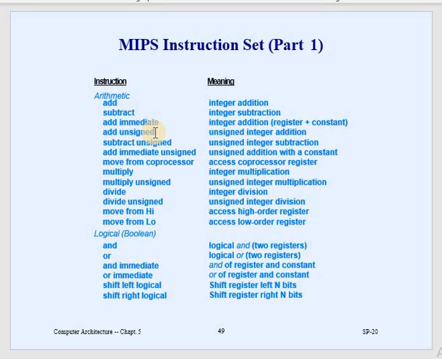Similarly, move from high and move from low mean access the high order register and access the lower register. So you need to be careful about these commands, whichever scenario we have, we almost have a dedicated command for it in the MIPS instruction set.